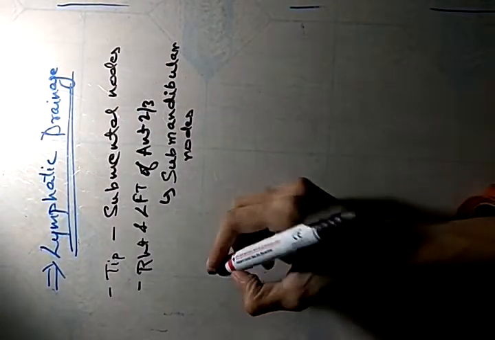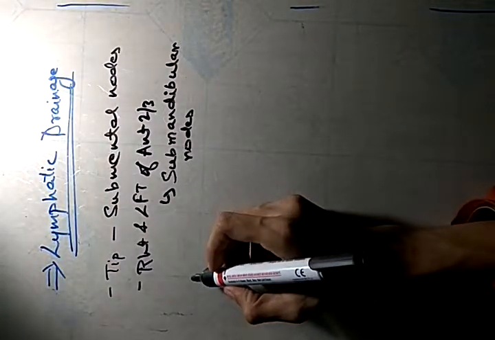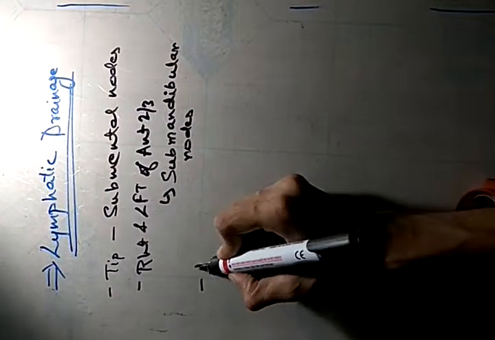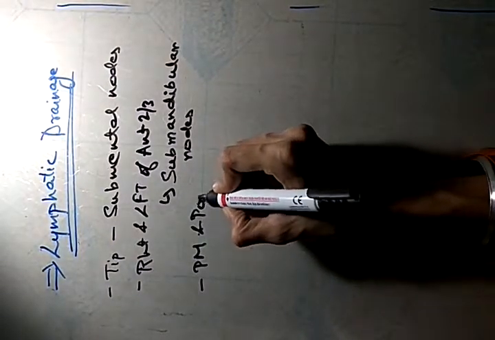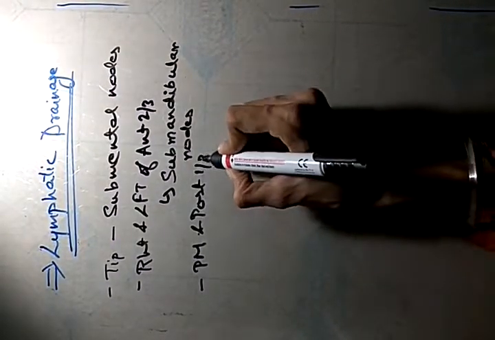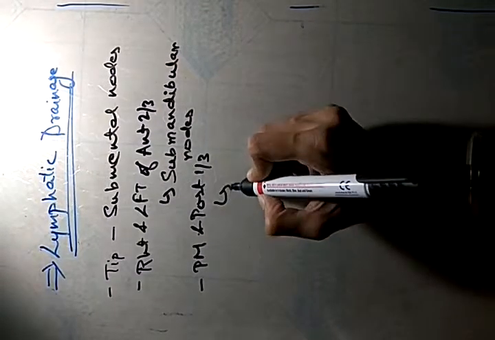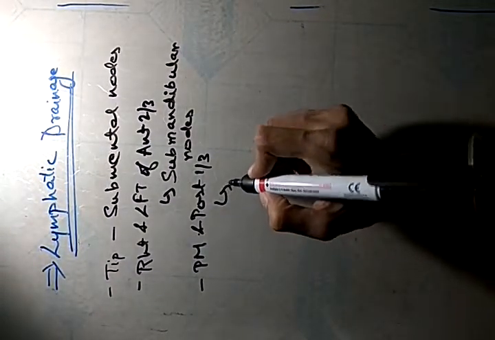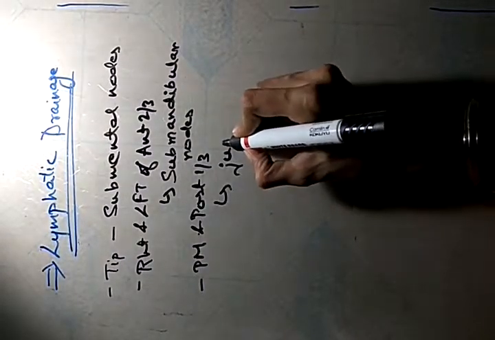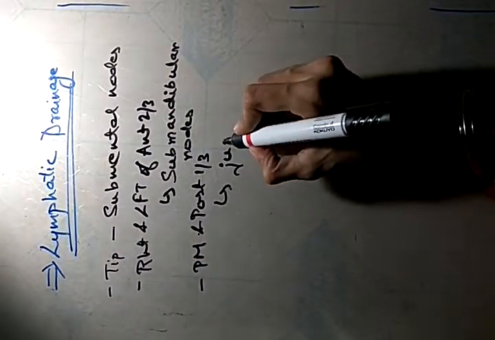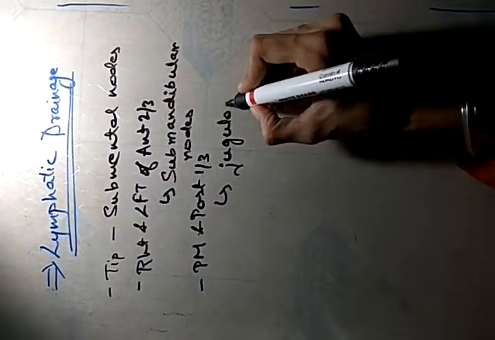And then we have the posterior most and posterior one-third. This region gets drained by jugulodigastric, J-U-G-U-L-O, digastric nodes.